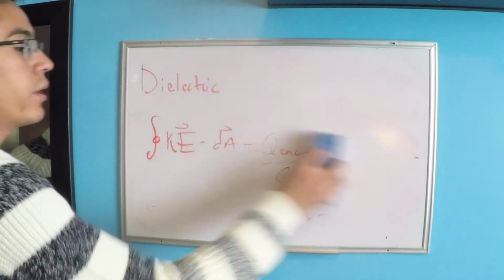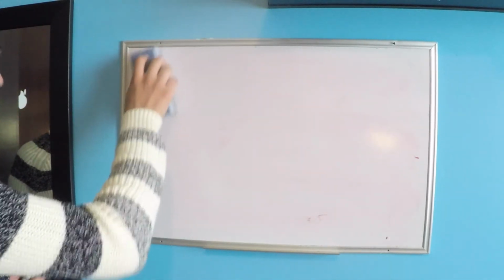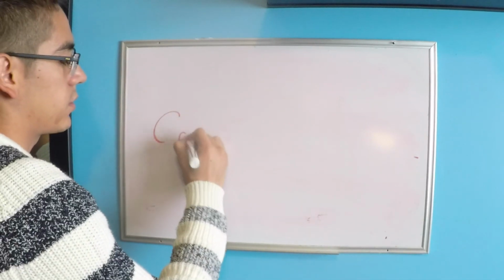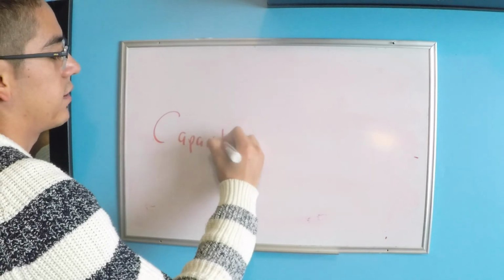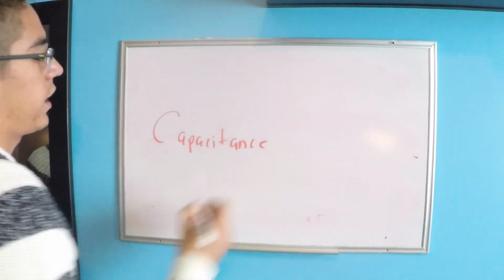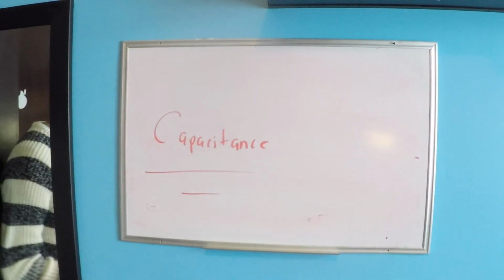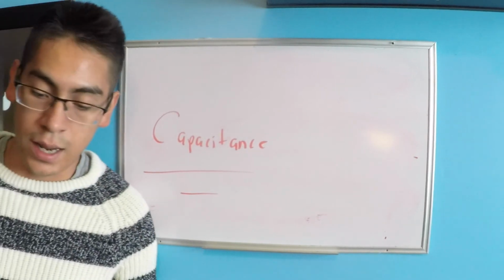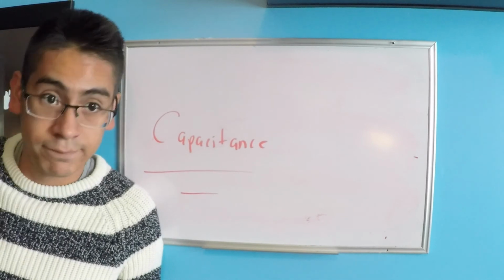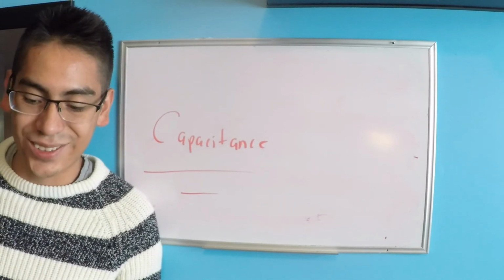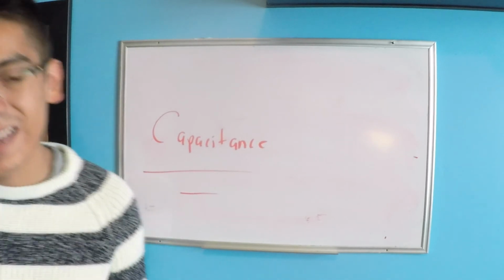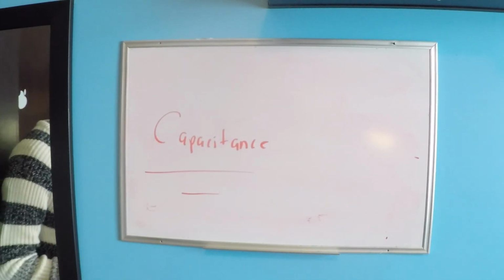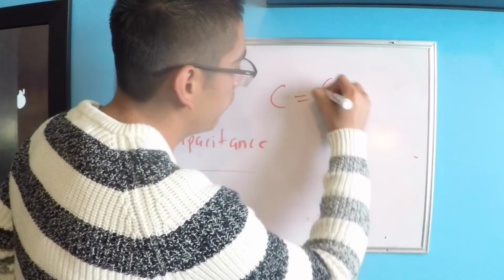So that was our unit number 5, capacitors and capacitance. Remember this unit 5. Super important, don't forget these formulas, please.